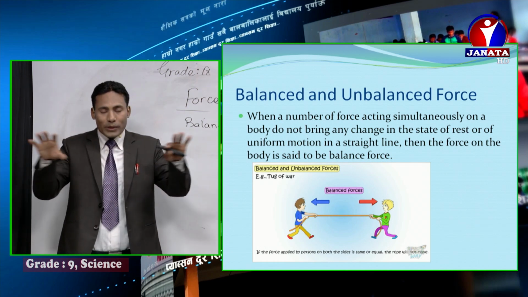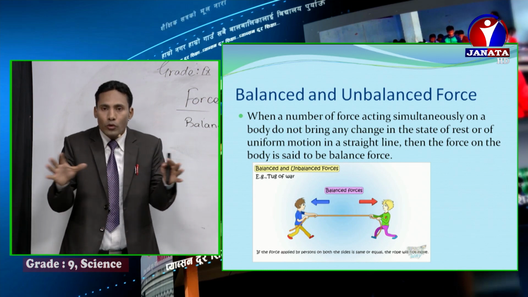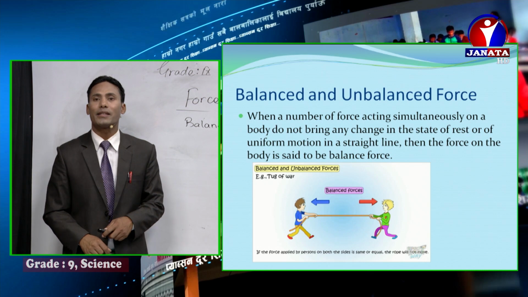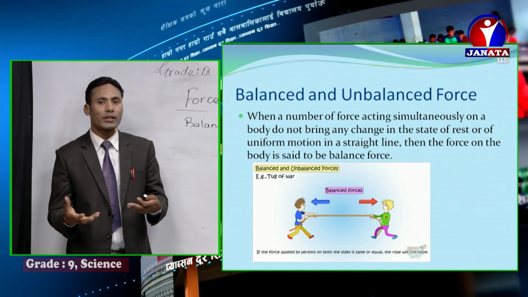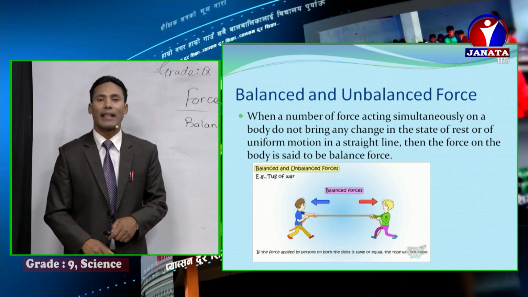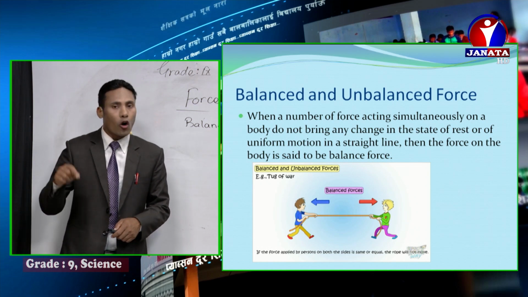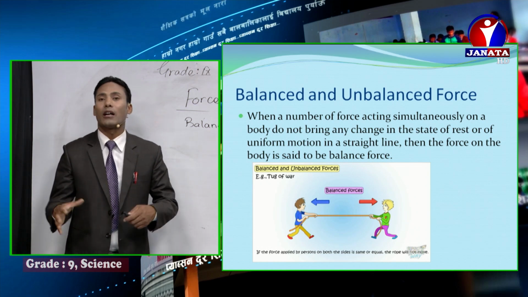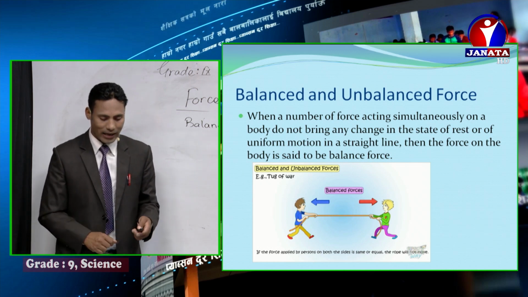When the two groups are pulling in opposite directions in the tug of war, if there is no movement, then that is the balanced force, right? And if the applied force causes a change in the state, then in that condition, that is called the unbalanced force. In unbalanced force, the state of the object gets changed.